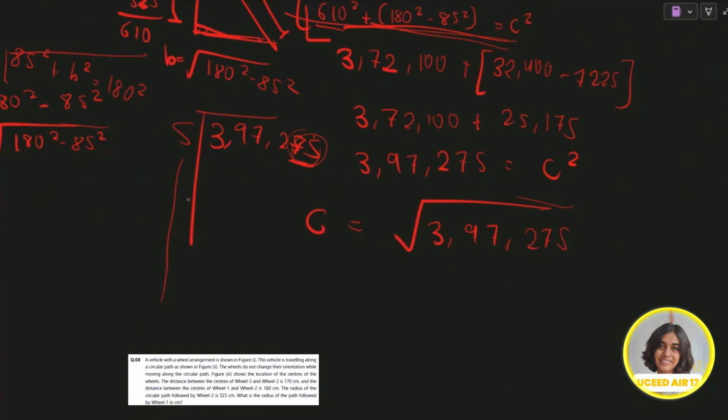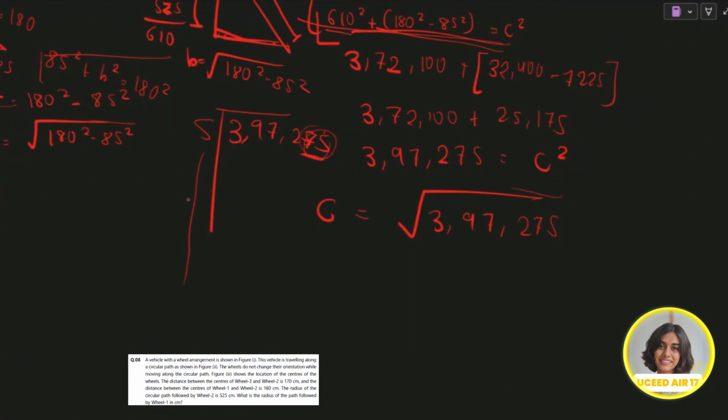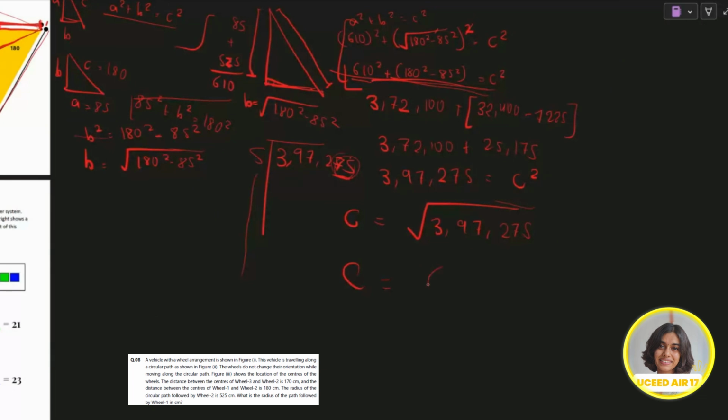But again, that will take time. This answer is around 630 point, I think 29 or something. But even if you write 630, you get marks because there's a range given from probably 620 to 635. So anything between this range is the right answer.